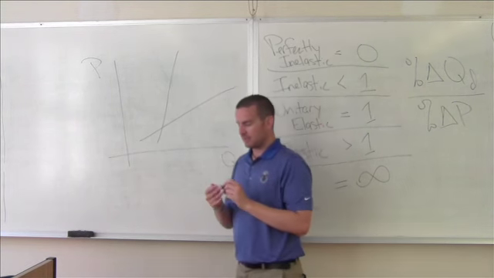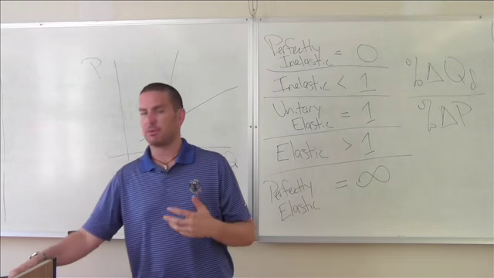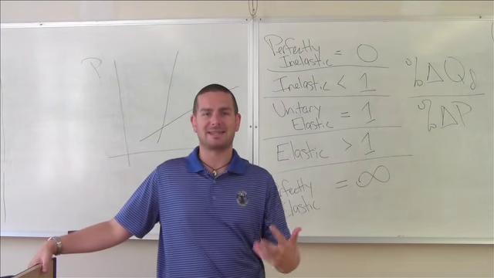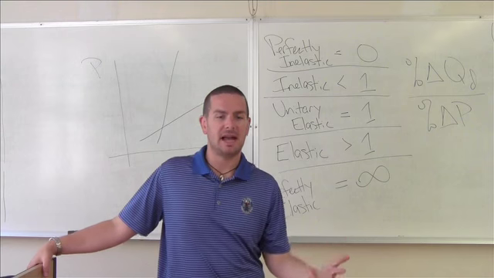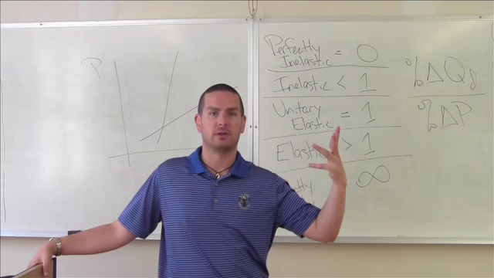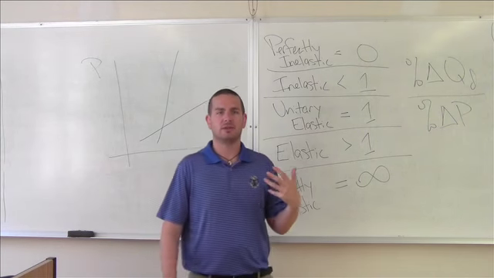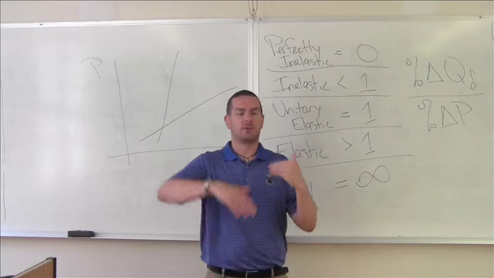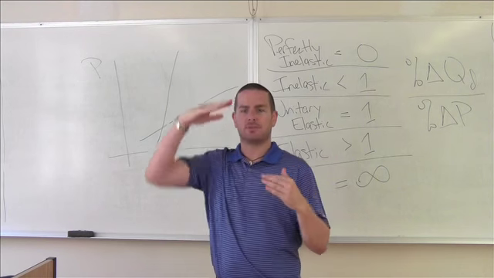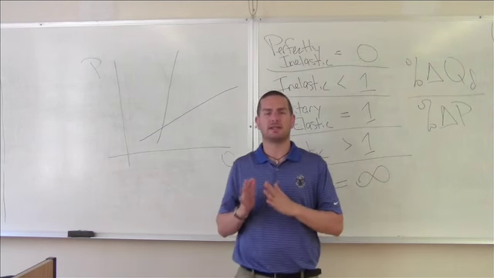And that's really the key to remembering and the way you should think about elasticity. Inelastic, just think of oil, or gasoline. When you think of gasoline, you think of inelastic. The price could change a lot, but there's going to be a tiny change in quantity.